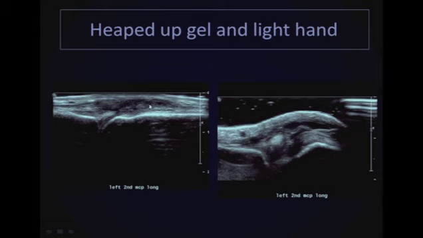And we have the tendon extending across the top and an area of either focal thickening or a hypoechoic soft tissue in this area. Now, we could already describe that as an abnormality, but as you can see, with the gel heaped up, which allows us to scan with a lighter hand, we can see that this structure is actually cystic rather than solid, and it would otherwise have not been seen had it not been for the lighter hand when scanning. This patient had a joint effusion.